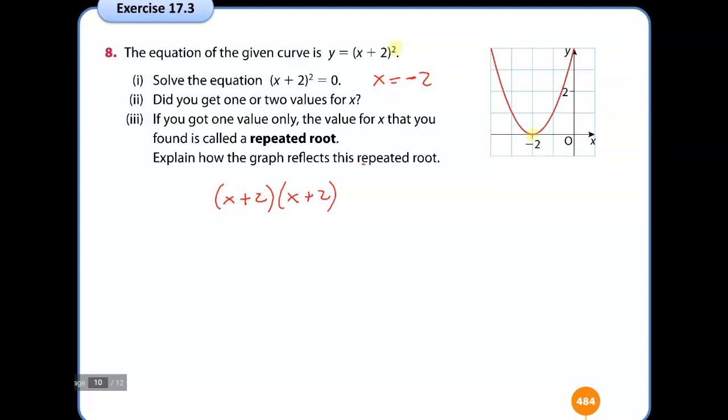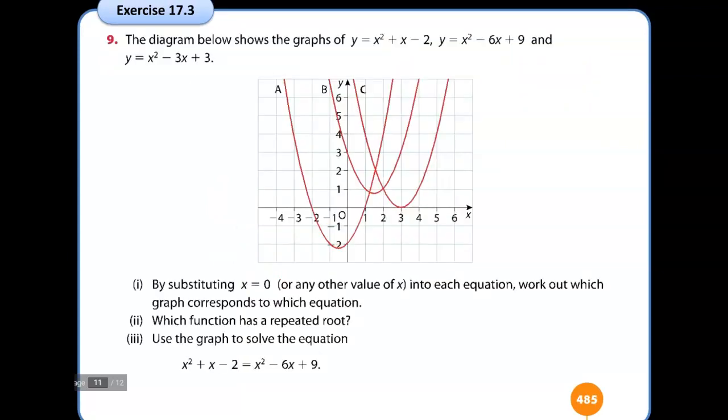So that's where you get the repeat. You get the repeat from the fact you've got two factors that are the same. You get minus 2 from this when x plus 2 equals naught, but also when this one is equal to naught, you get x is equal to minus 2. That's why it's repeated, because you've got a factor that is repeated.